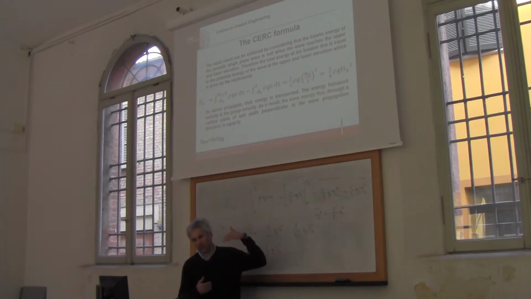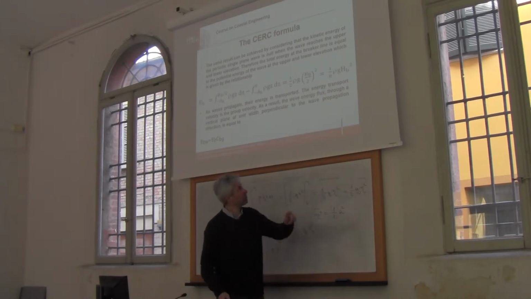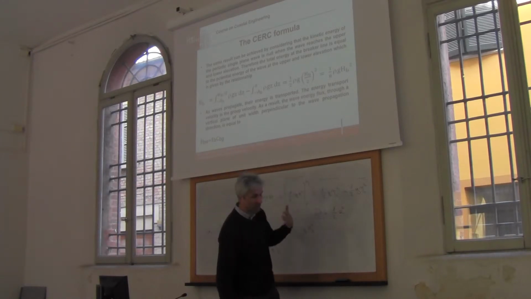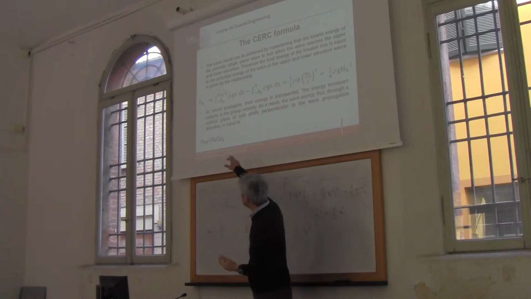And also when it reaches the trough. And therefore, I can compute simply the potential energy at the wave crest, without taking any average, and assume that it is equal to the total wave energy. In fact, what you see up there is the same computation. What changes is that it refers already to the total energy and to the wave crest.